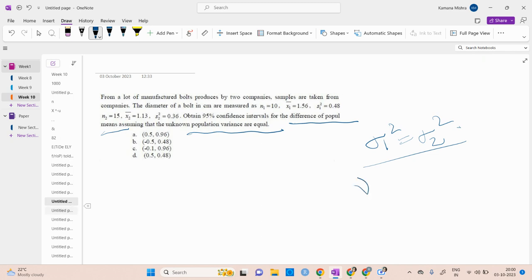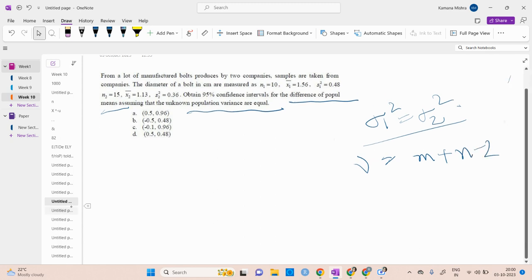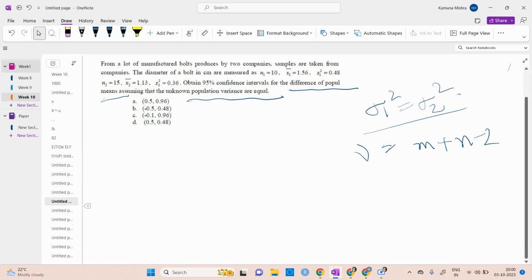Then the new changes to m plus n minus 2. So here you don't need to find the new in that kind of thing, because here population variance are equal. Okay, unknown population variance are equal. This is given.